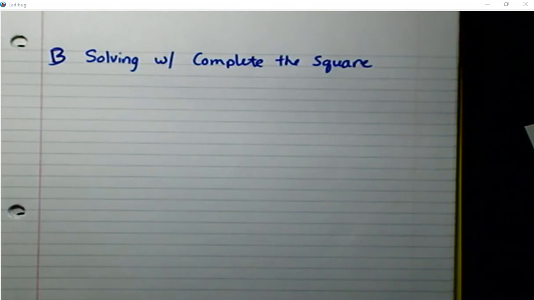Notice by completing the square, we ended up with a single x. A single x, look at our chart, takes us all the way back up to now I can isolate. There's really only 2 ways to solve. Isolate or factor. If factoring doesn't work, you turn it into a perfect square so that you can isolate.